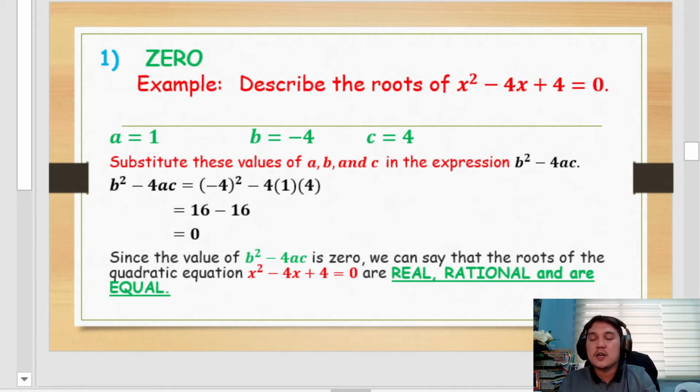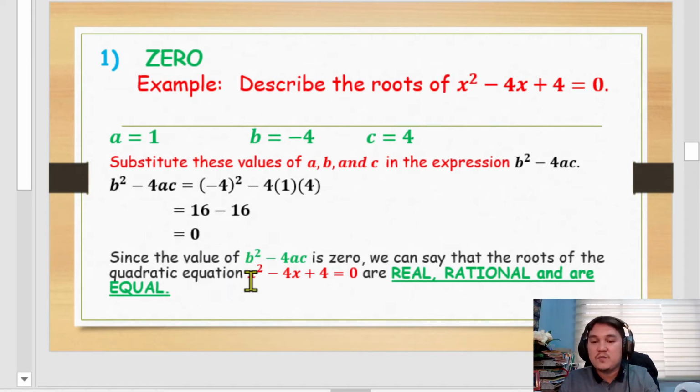This is our discriminant. b squared minus 4ac is equal to, we substitute the value of b, that gives us the quantity of negative 4 squared, minus 4, a is equal to 1, c is equal to positive 4. We square negative 4, that gives us 16, so minus 4 times 1 times 4, that gives us 16. Then 16 minus 16, that gives us 0.